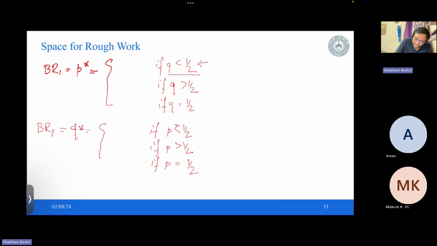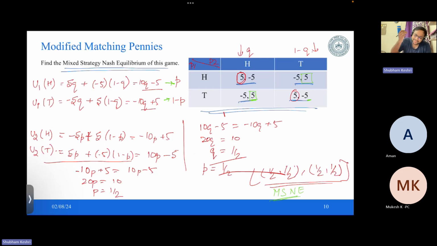When Q is less than half, what is the best response of player 1? You come here and take any value less than half. Let us take 0. When Q is 0, this utility will be negative, but this utility will be positive. Therefore, player 1 will always try to play tails, that is, P will be 0 in that case.